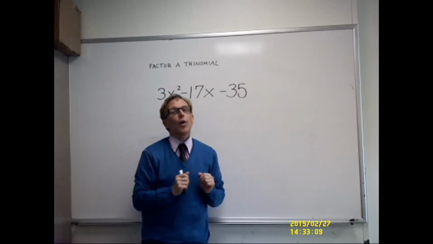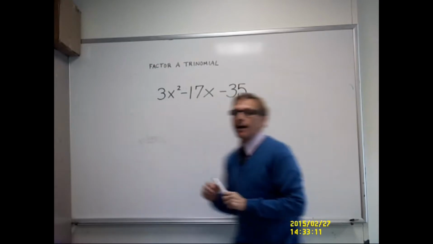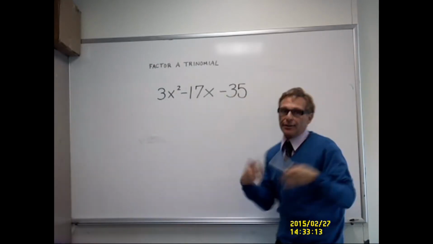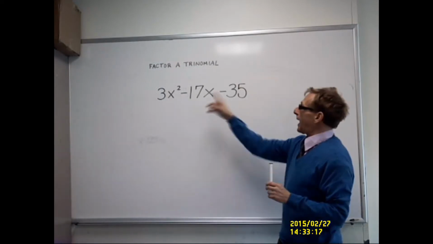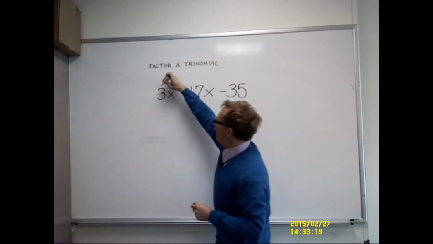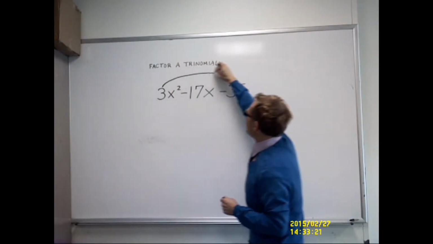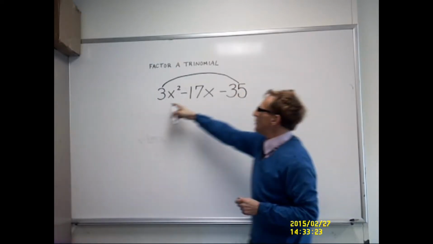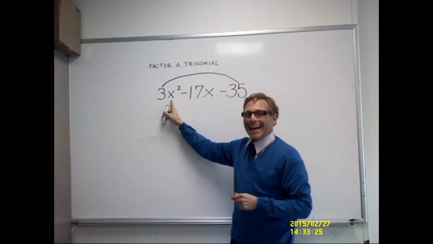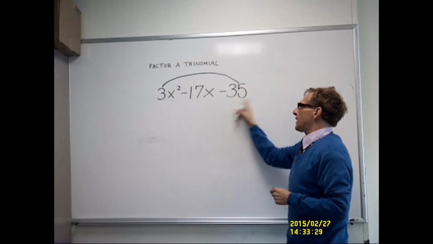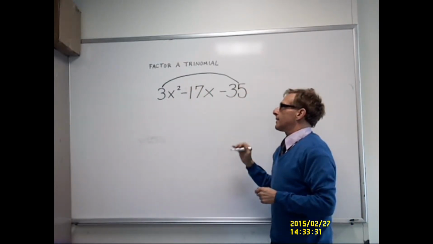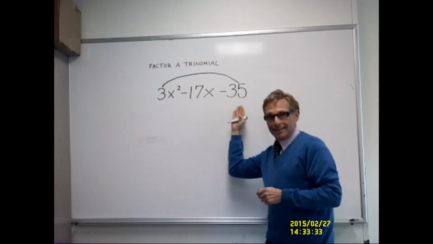Let's start with the arch method. That's an innovative method that we devised. And what you do is join the first number, the coefficient of the x squared, to the last number, the plain number at the end, which is a and c.